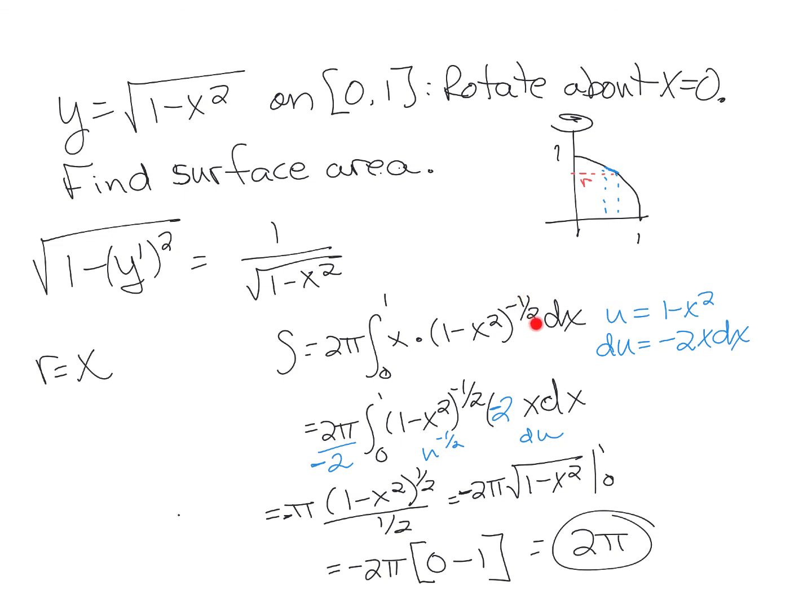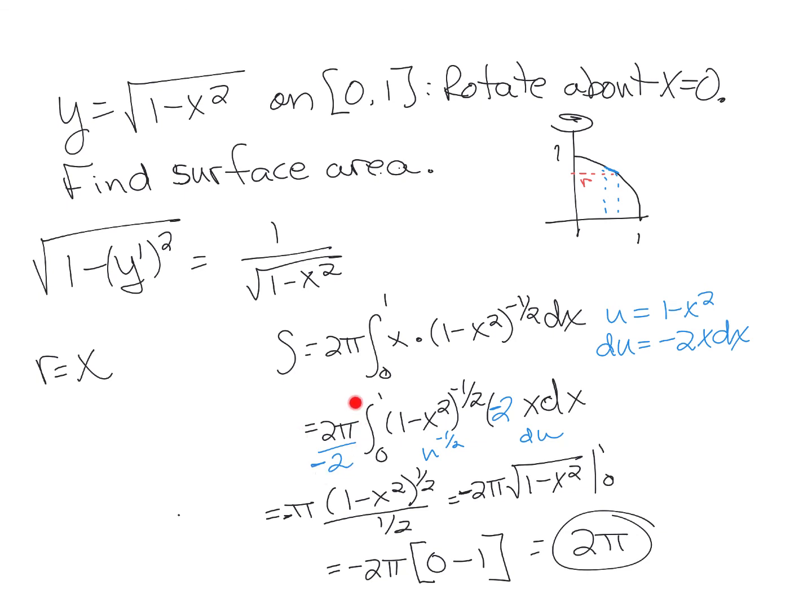So the square root is the half power, minus means it's in the bottom. So this is going to be a simple substitution integral where I set the inside of the parentheses equal to u and take the derivative of that and see that I need a minus 2x dx. Well, I have the x and the dx. I'm going to multiply by a minus 2 to create a perfect du. But if I multiply by minus 2, I have to divide by minus 2 as well.